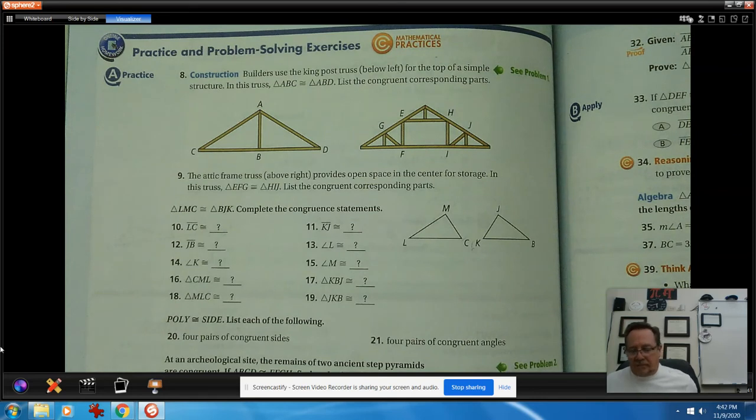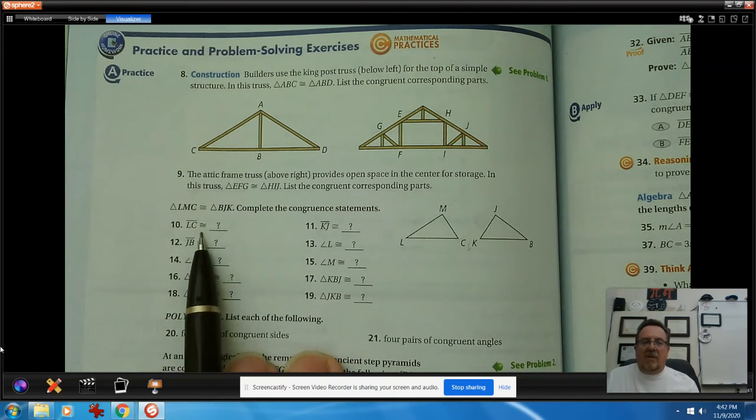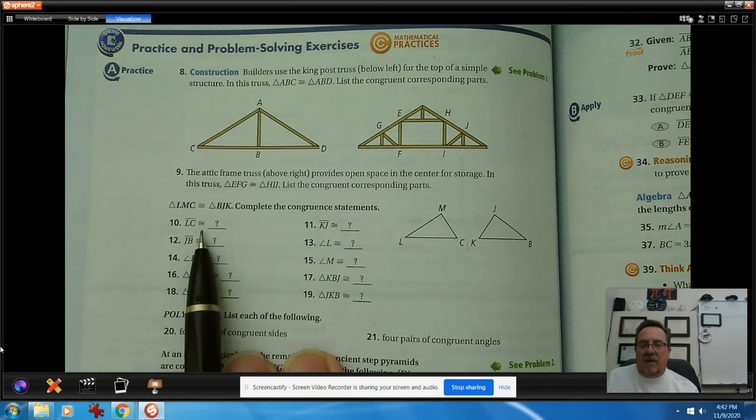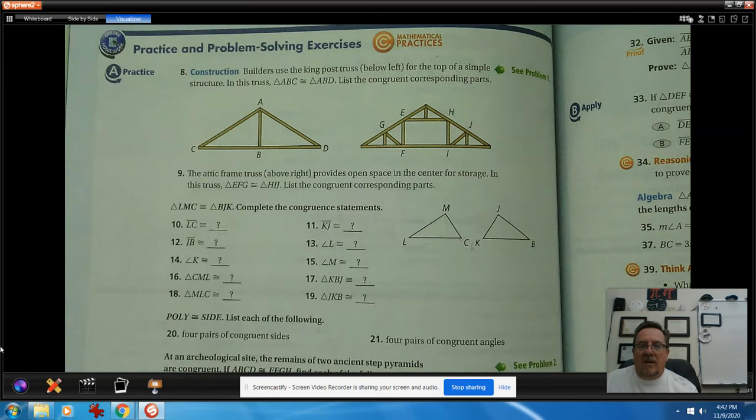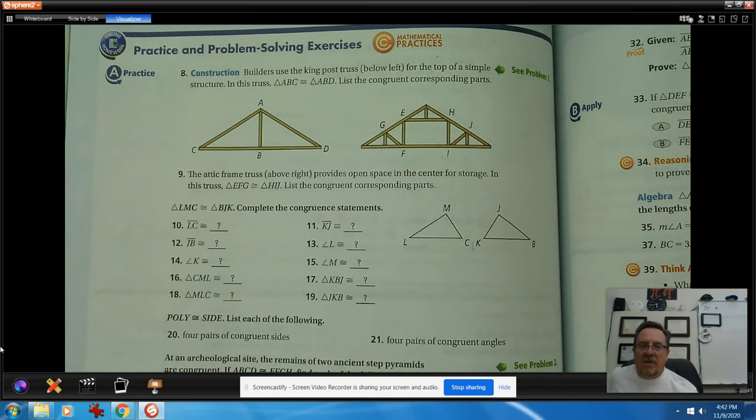Measurements are equal. This symbol is congruent. Only segments can be congruent. Make sure you understand the difference between the congruency symbol, in which the names are used, and the equal sign, in which the measurements would be used. So there's a difference, right?